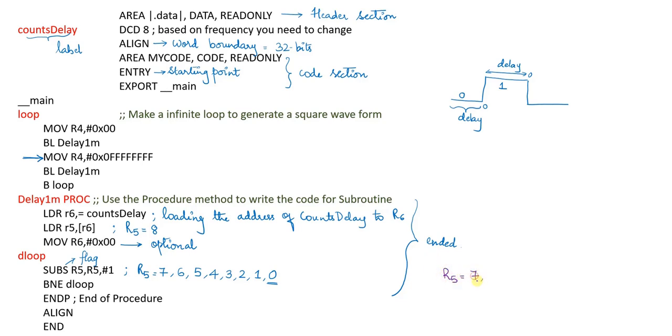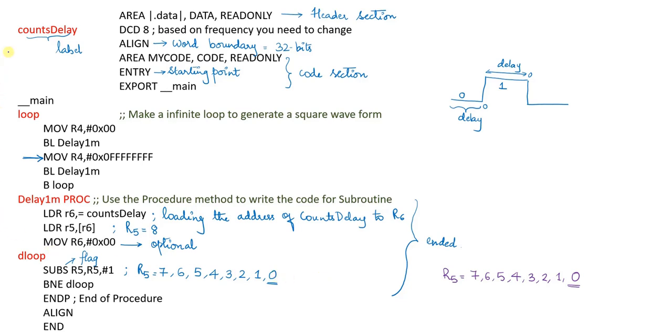So it becomes 7, it is compared with 0, it's not equal, so again subtract: 6, 5, 4, 3, 2 and 0. Once it becomes equal to 0, the entire procedure is ended.